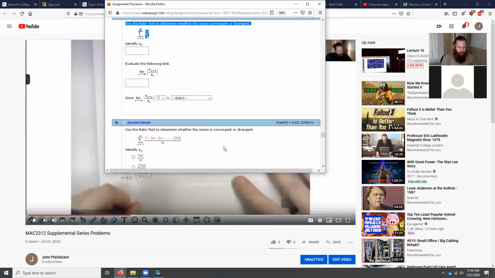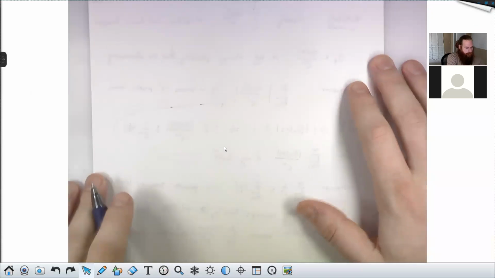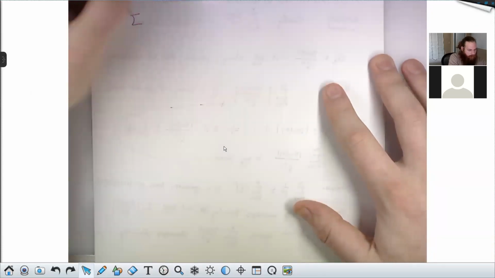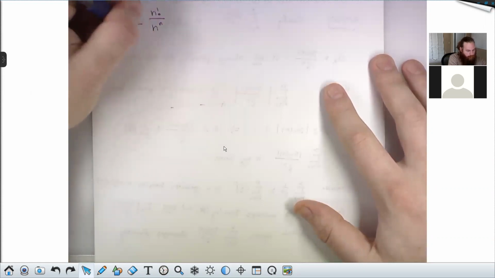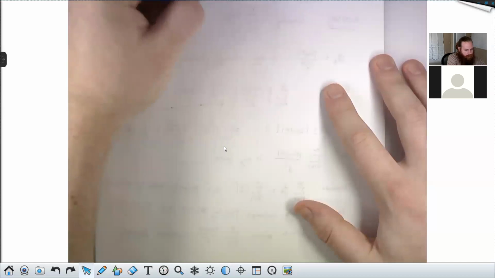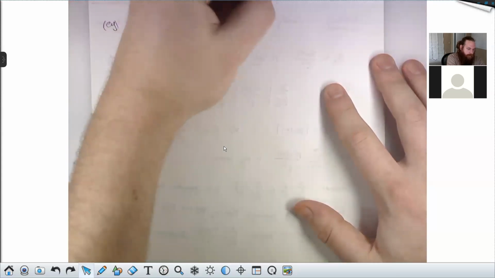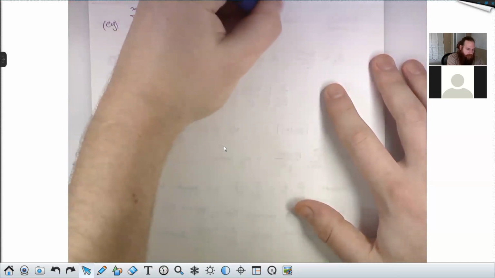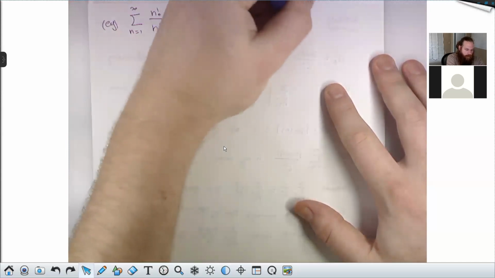So let's do it. I'll flip back to the dot cam. Sigma n factorial over n to the n summed from 1 to infinity. Let's use the ratio test because there are some factorials. L, as always, is the limit as n goes to infinity of the absolute value of a_(n+1) over a_n.